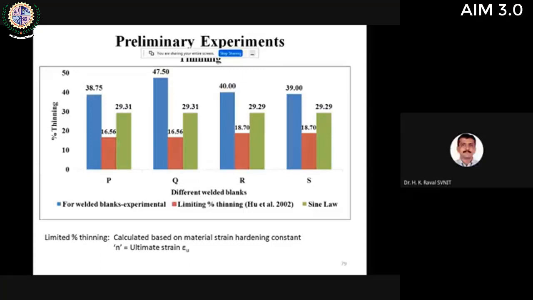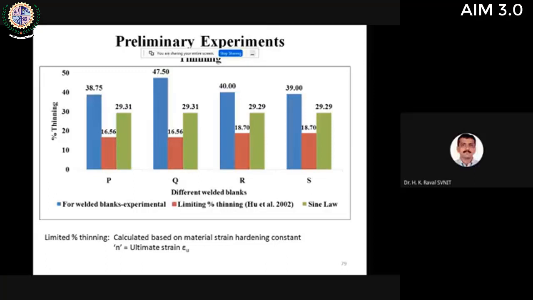So you can see that the percent thinning is more in single incremental forming compared to the percent thinning obtained using tensile testing and the percent thinning obtained using the sine law, which is empirical in nature.